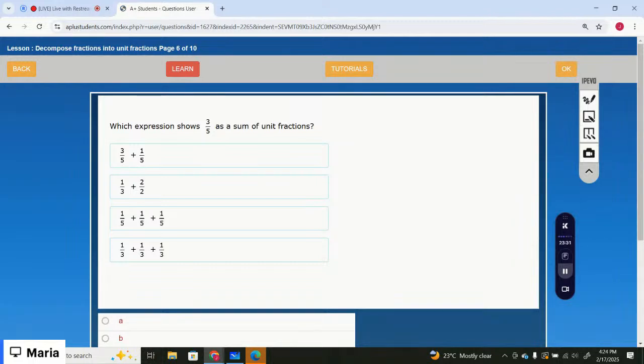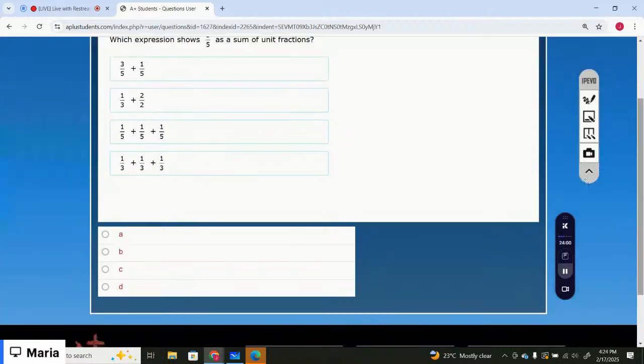Which expression shows 3 by 5 as a sum of unit fractions? So which is the correct option? Three by 5 as a sum of unit fractions.